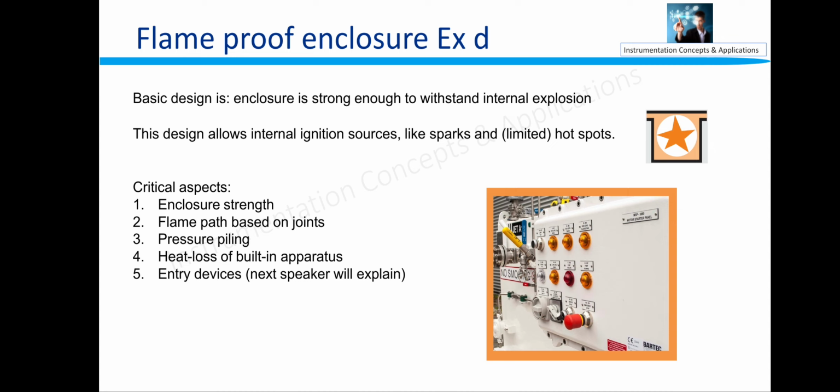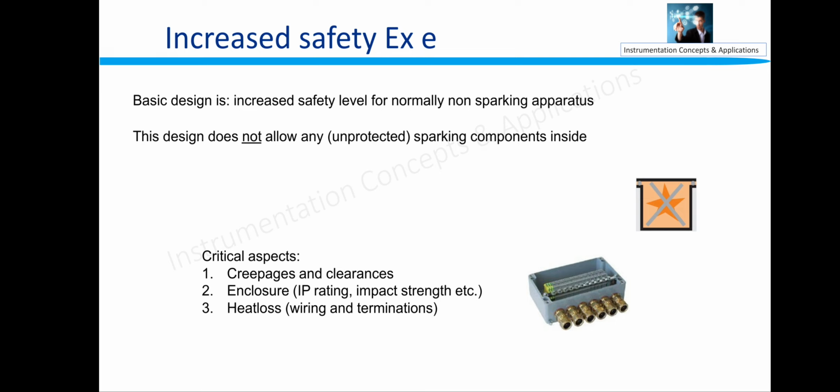The design allows internal ignition sources like sparks and hot spots. Critical aspects for a flameproof enclosure are enclosure strength, flame path based on joints, pressure piling, heat loss of built-in apparatus, and entry devices.